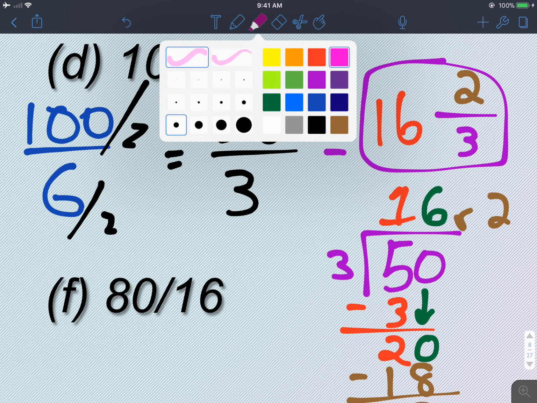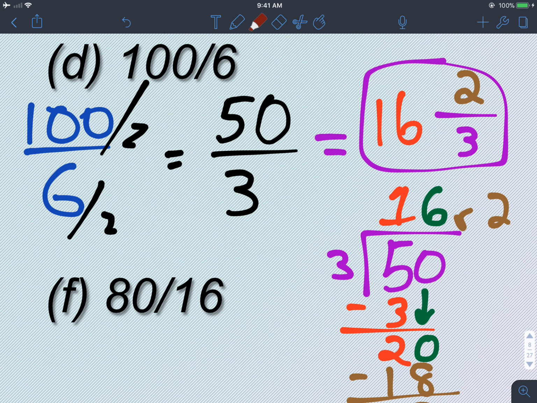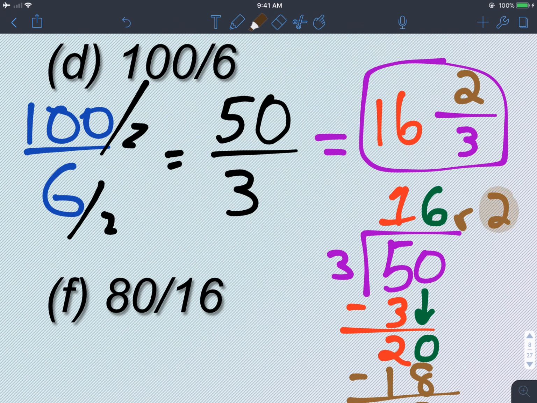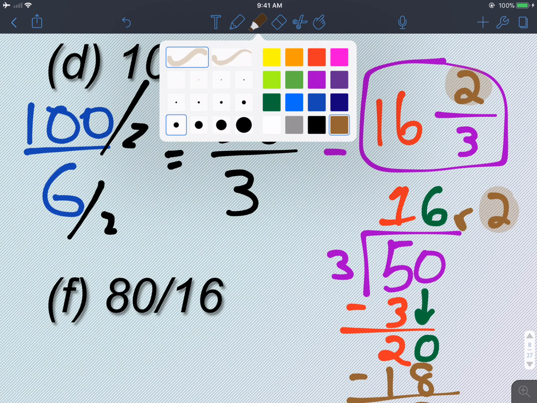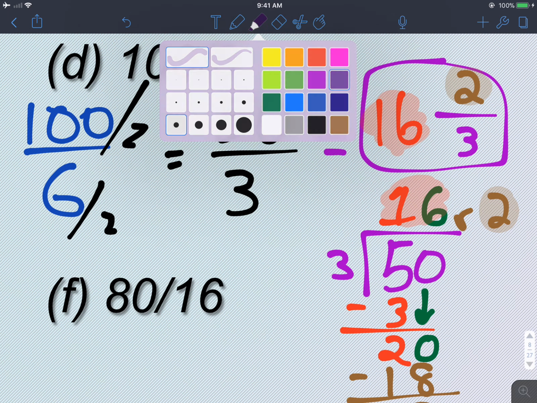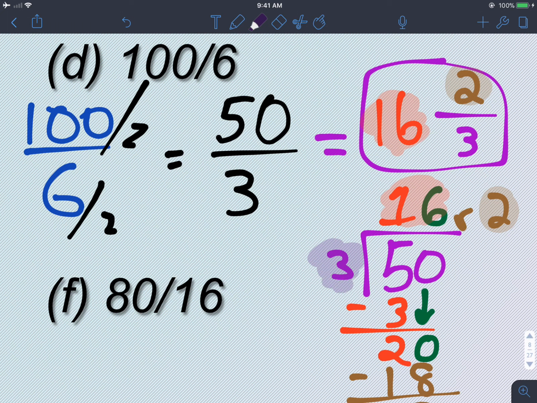Okay, remember that, I'm just highlighting a few things just to be real specific. Remember that the remainder is the numerator. The quotient is the whole number. And the divisor is the denominator. There you go.